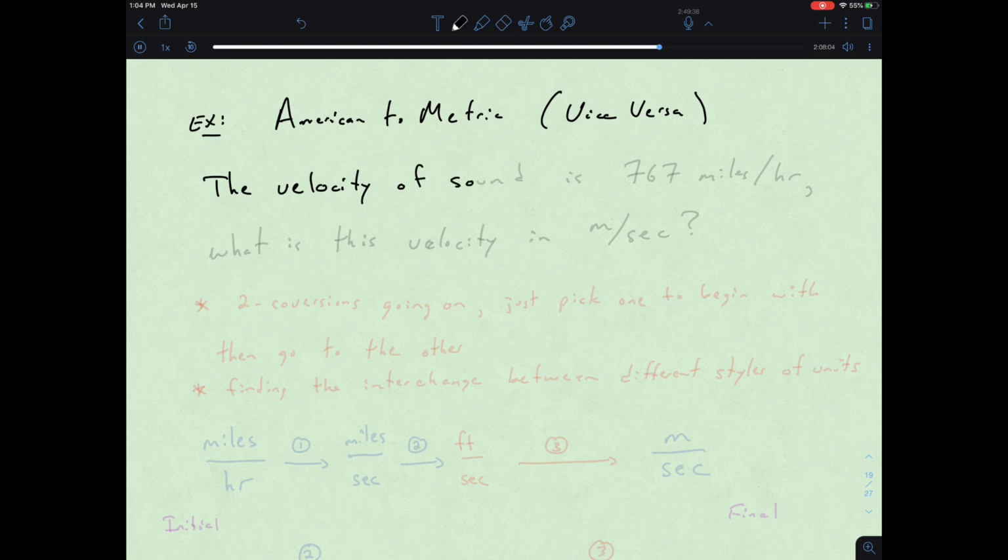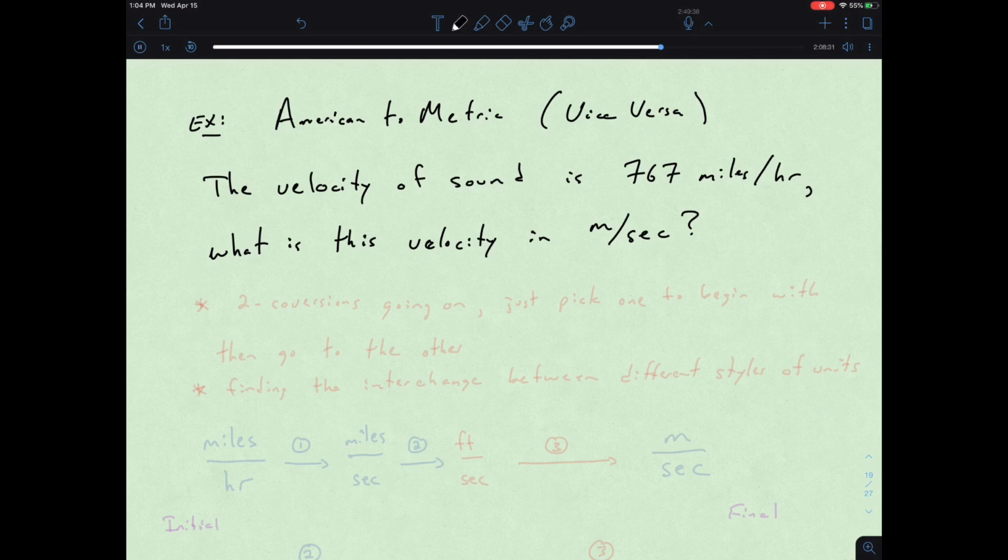The velocity of sound is 767 miles per hour. What is this velocity in meters per second?